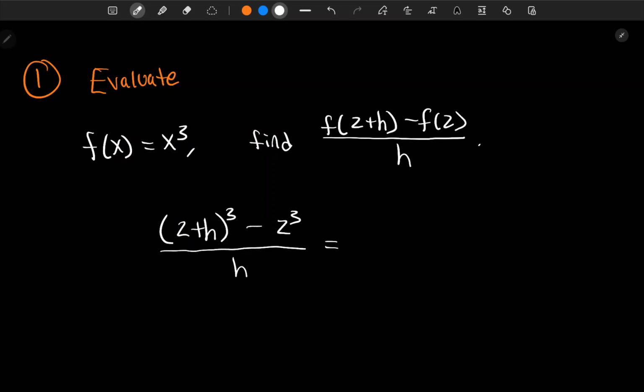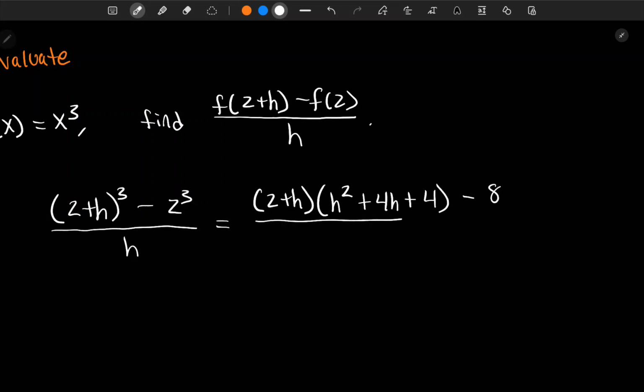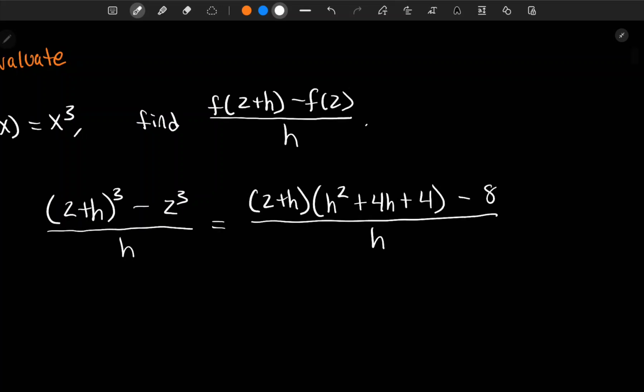Now this is equal to, well, first we cube this 2 plus h. So we write out 2 plus h times h squared plus 4h plus 4 minus 2 cubed, which is 8. This is all divided by h.